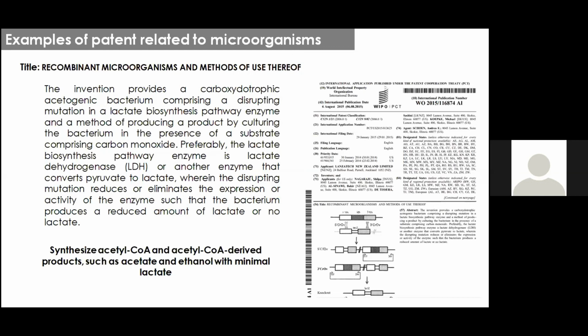Since the production of lactate can cause stress to the bacterium itself and slow down the synthesis of acetyl coenzyme A, this particular recombinant microorganism produces acetyl coenzyme A and its derivatives, but with very minimal lactate production. So this kind of microorganism-based patents are there in recent years.